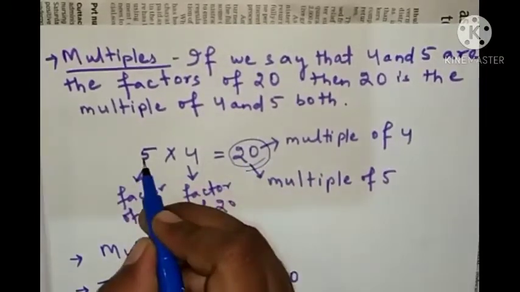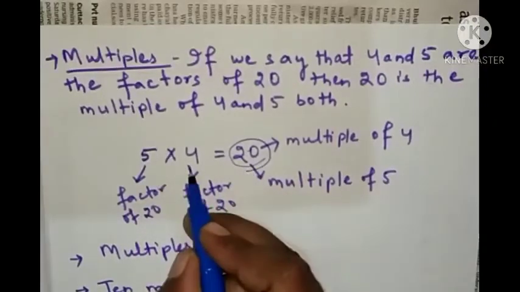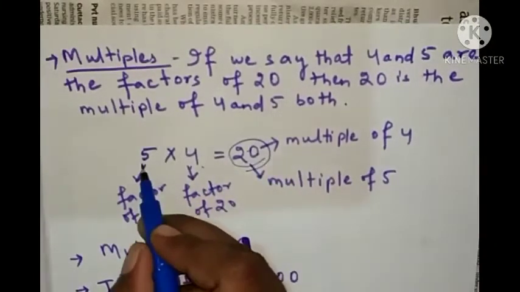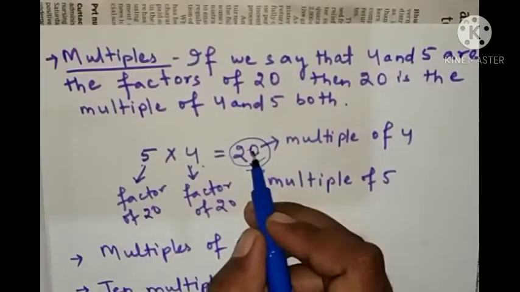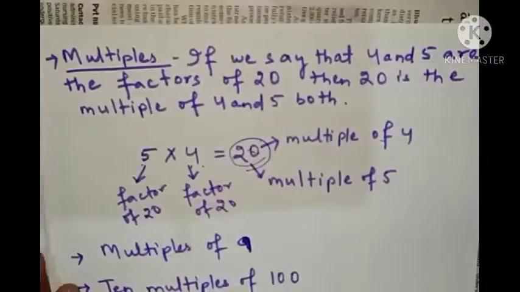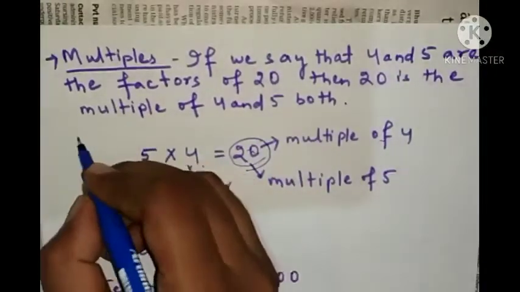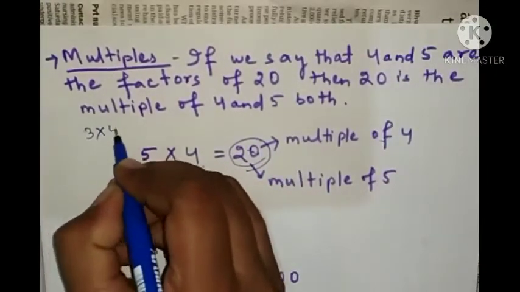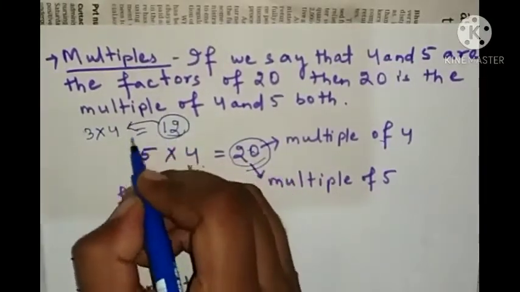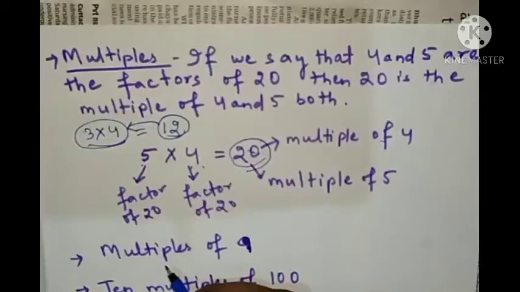So 20 is a multiple of 5 and of 4, and 4 and 5 are factors of 20. If I multiply 3 into 4, the product I get is 12.